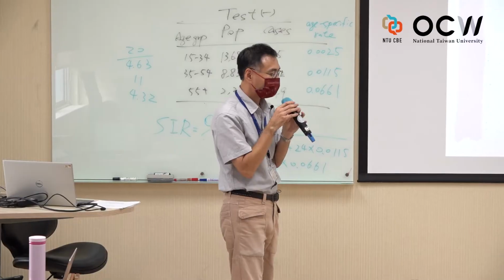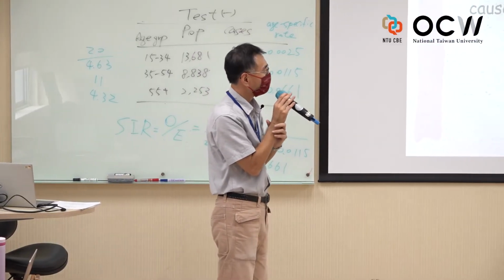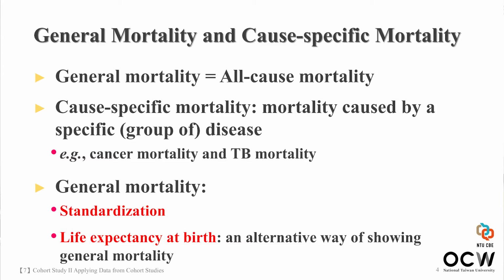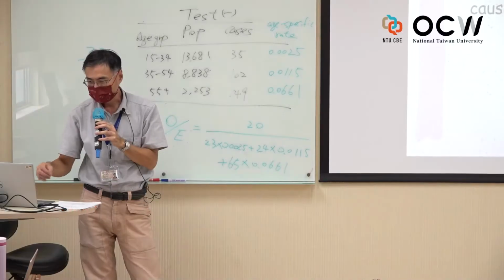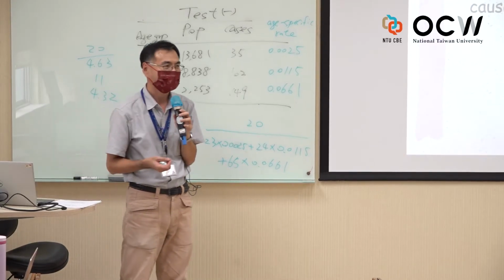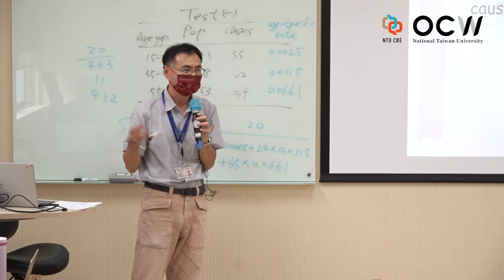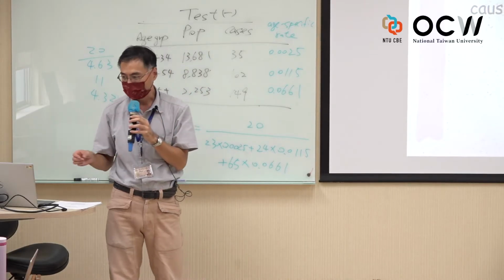But for studies about etiology, we prefer to use cause-specific mortality. Then we could identify the exact cause of the mortality for a specific disease or specific group of diseases. Because if you look at all-cause mortality, there's an issue about the composition of the various causes of disease, right?